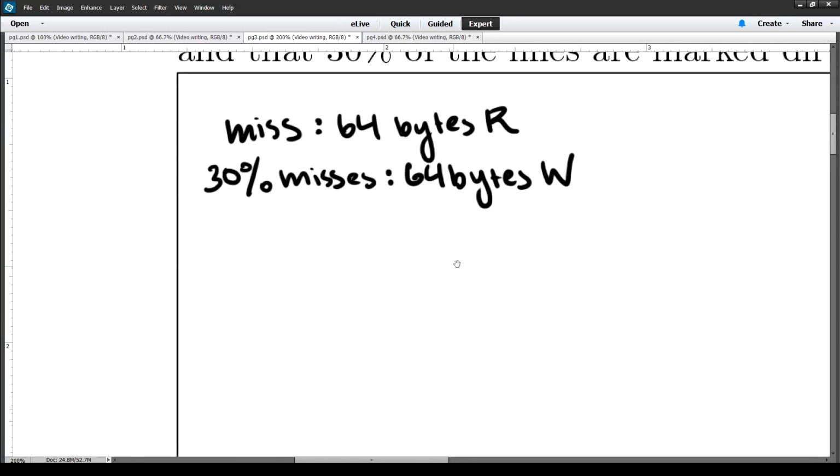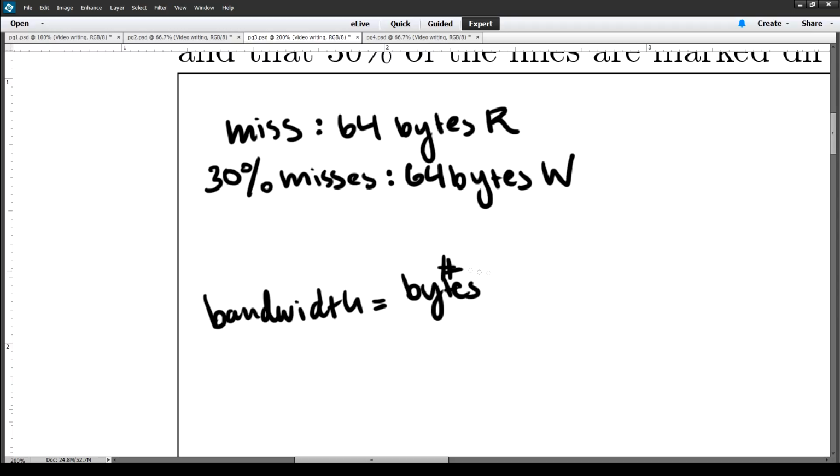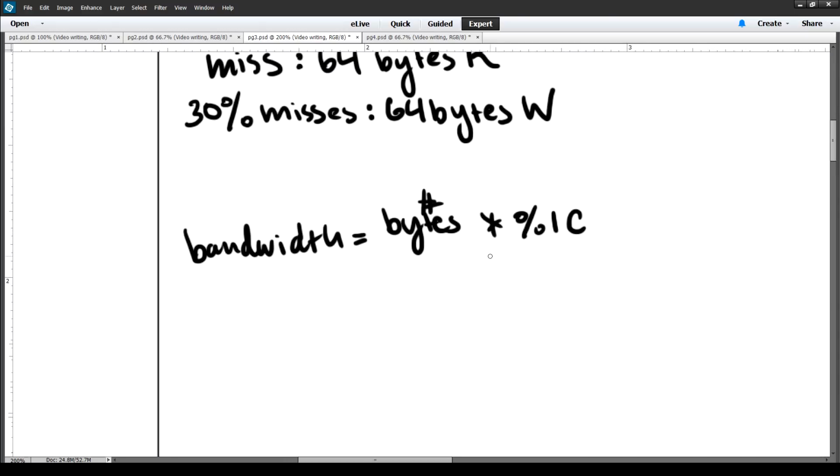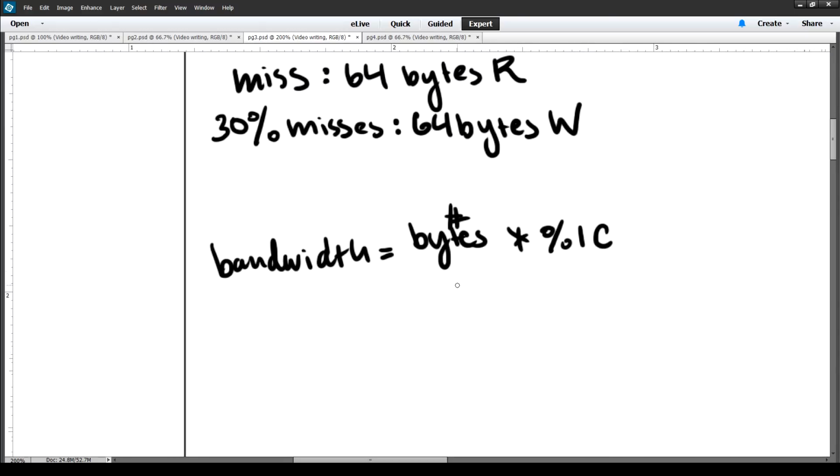So just like before, I'll be using the equation bandwidth equals number of bytes read or written times the percent of instructions that resulted in that number of bytes read or written. And we're going to divide that all over the CPI, which we calculated last time to be 1.25.